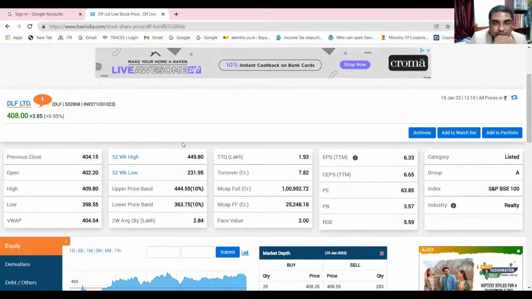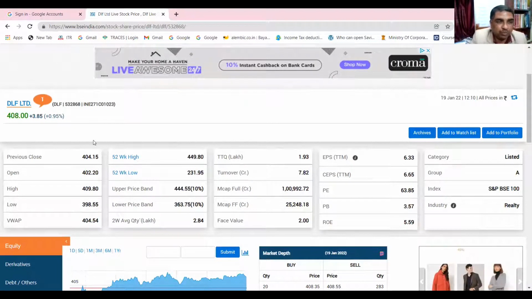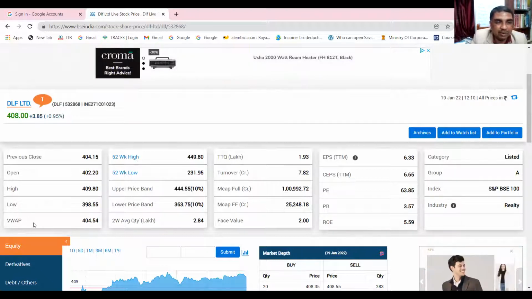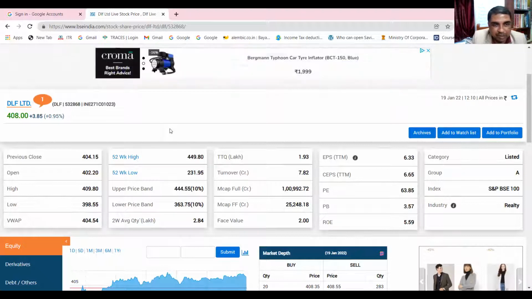Yes, sir. Okay. This gives me some broad idea. Previous close, previous open, high, low. Okay, this is value weighted average price. All these data are there. This may not be relevant for us. 52 weeks high, 52 weeks low, upper price band, lower price band, 2-week average quantity traded.